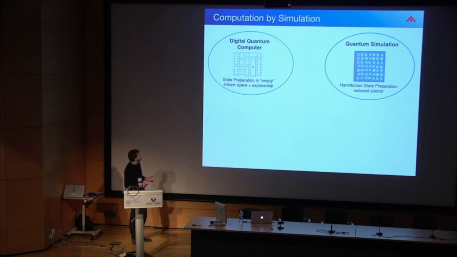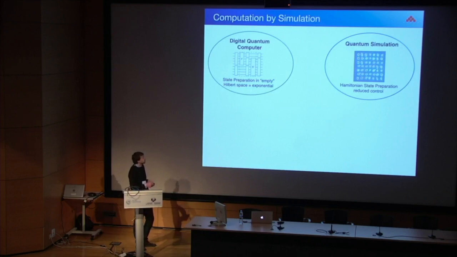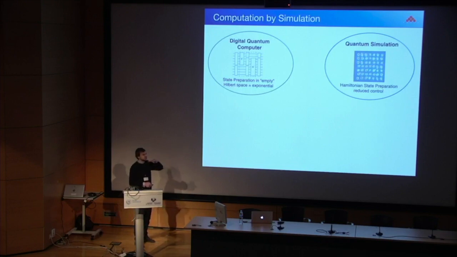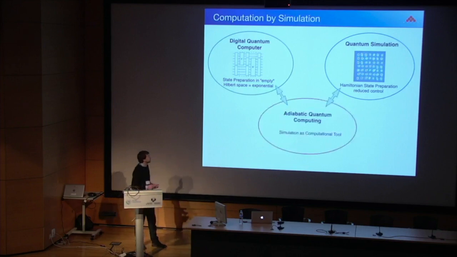The reason is that we have to cut out of Hilbert space a very small fraction, which simply means we need this exponential number. On the other hand, there's quantum simulation, and as Hans yesterday had this nice slide where on the simulation it said something like reduction, so we reduce the system very much, which on the other hand means we don't have the control to actually make arbitrary superpositions.